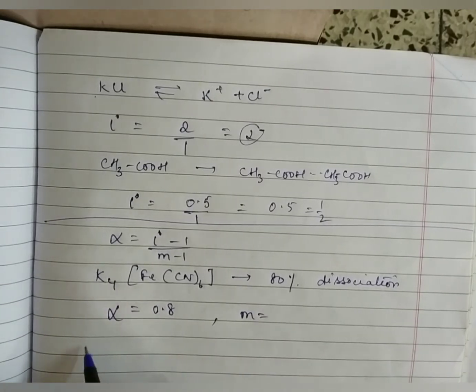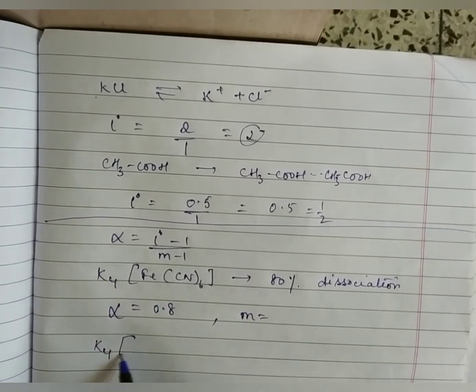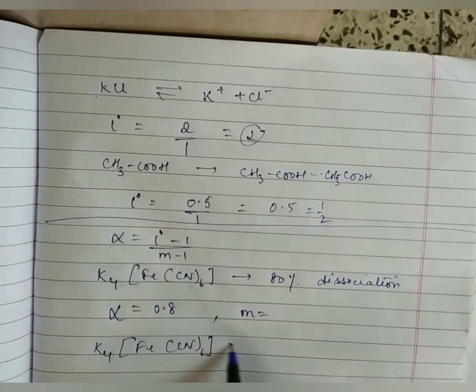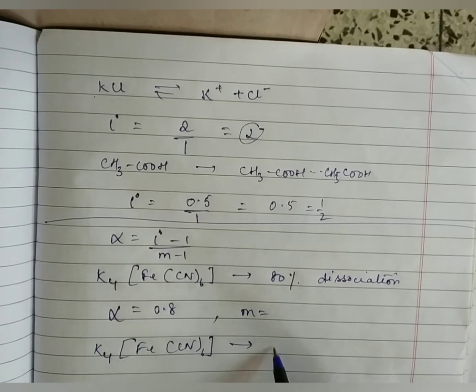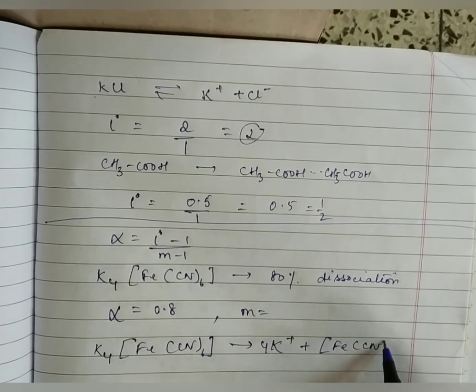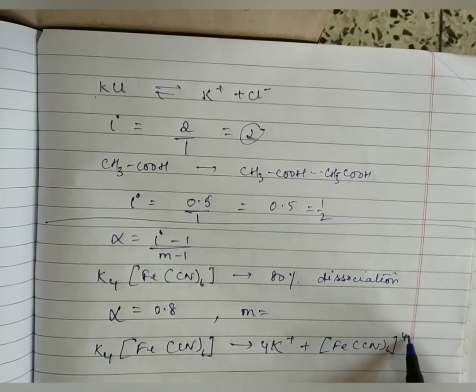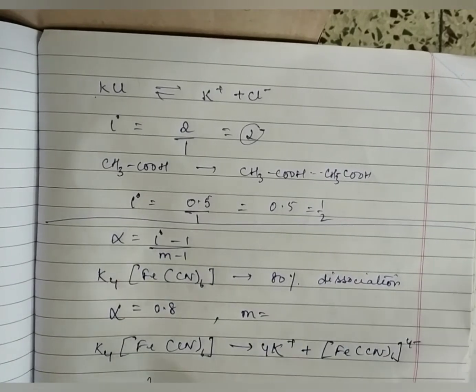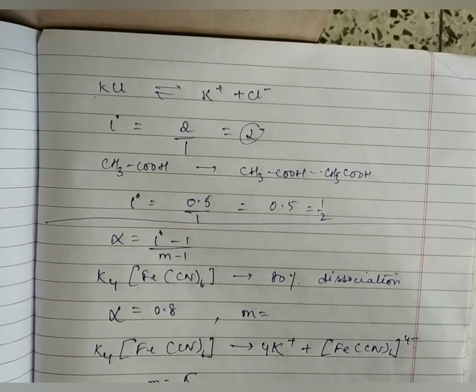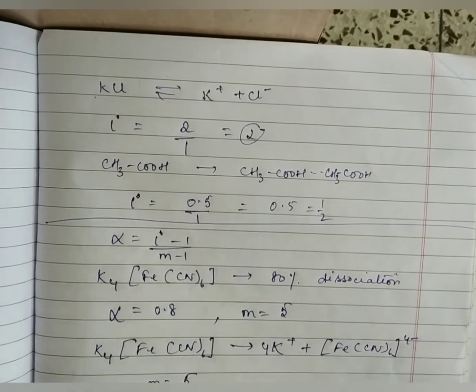So let us try to write the equation. 4K plus ions plus the ferrocyanide complex. So in total, the number of particles after dissociation is 5.